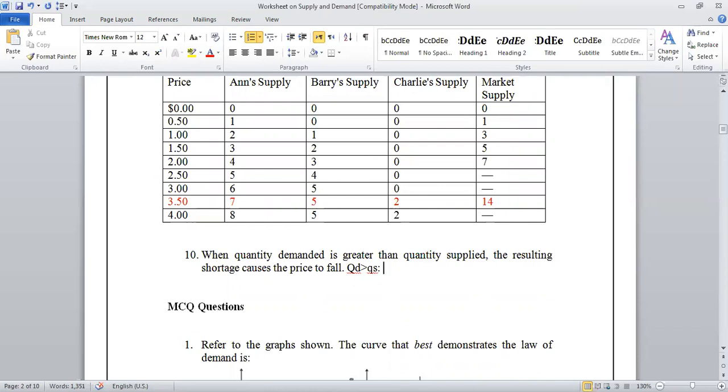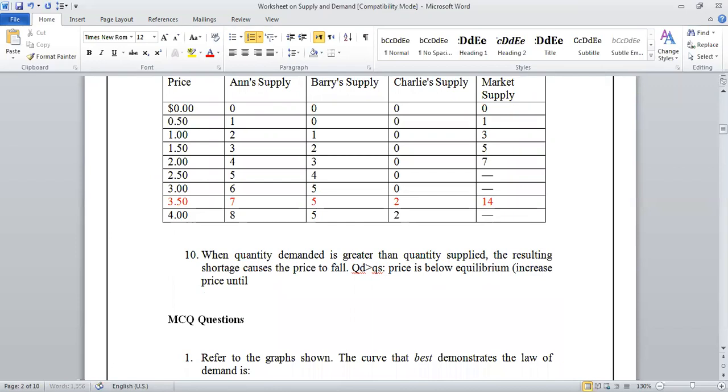I have a shortage, so my price is below equilibrium. What should I do to go back to equilibrium? I have to increase price until I reach equilibrium. So your answer is false. I do not decrease price, I increase price. All right?